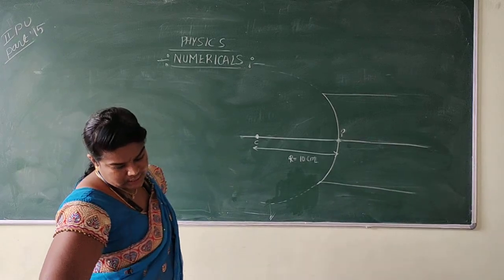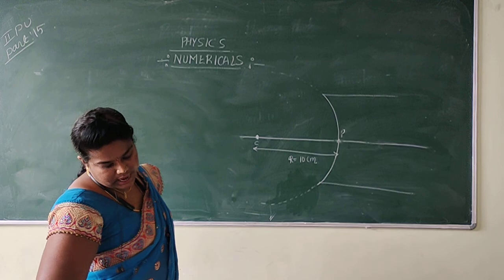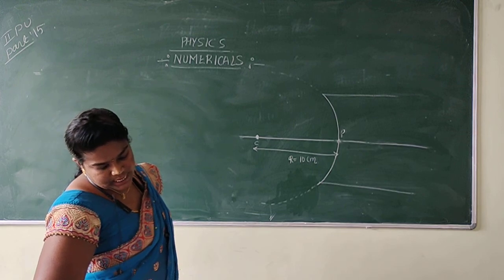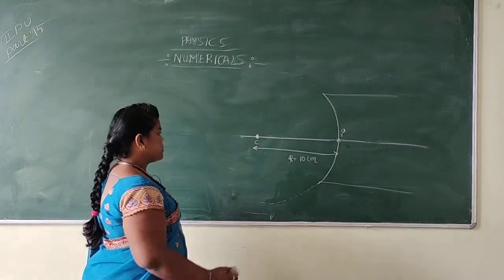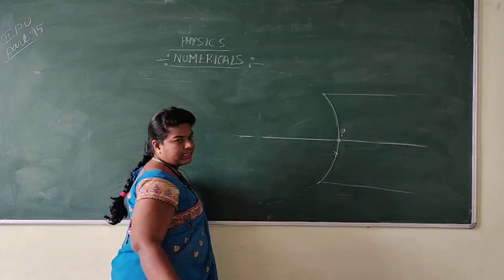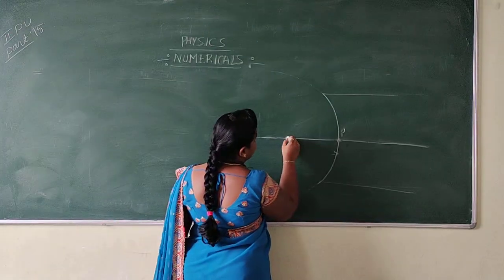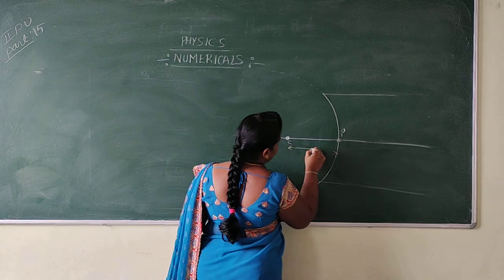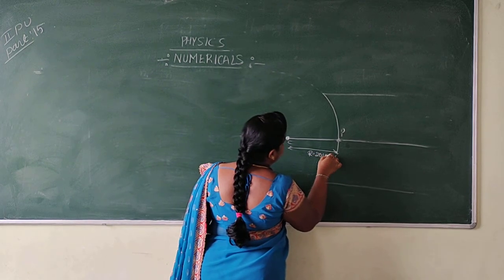Next. And if the object lies at a distance 20 centimeter from it in rarer medium. See my dear students, where is the object? They have placed it at 20 centimeter. It will become lengthy, so I will reduce the center of curvature.